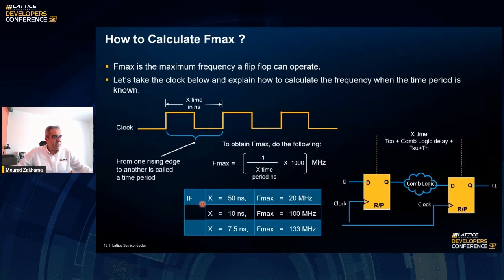So if you have a 50 nanosecond delay across all these components, then you may be running your design at a maximum frequency of 20 megahertz. If it's 10 nanoseconds, then it's 100 megahertz. If you run it faster than this, the design becomes less reliable. This is something that will be provided by the tool when you do your FPGA design.